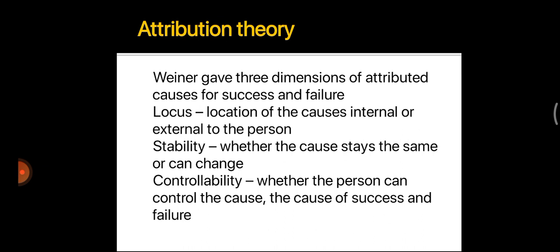Then the socio-cultural views. The socio-cultural perspective emphasizes participation, identities, and interpersonal relations within the communities of practice. Controllability: this factor is related to emotions such as anger, shame, gratitude, etc.